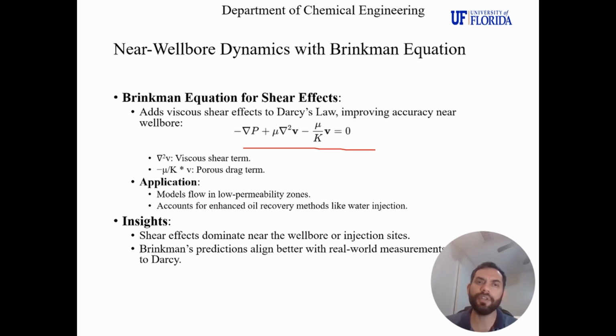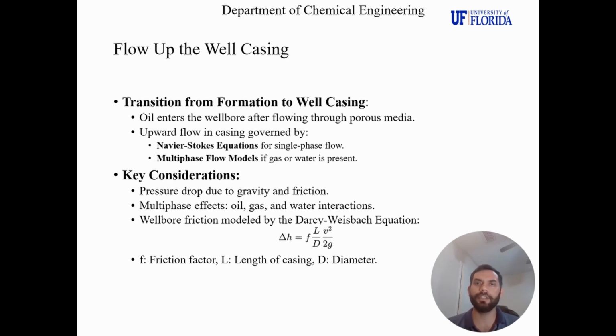After oil enters the wellbore, it flows upward through the casing. Let's explore this stage as well. In the well casing, flow transitions from porous to free flow. Here Navier-Stokes equations describe single-phase flow, while the multi-phase flow models account for interaction between oil, gas, and water.